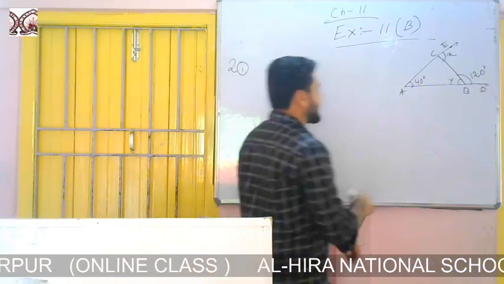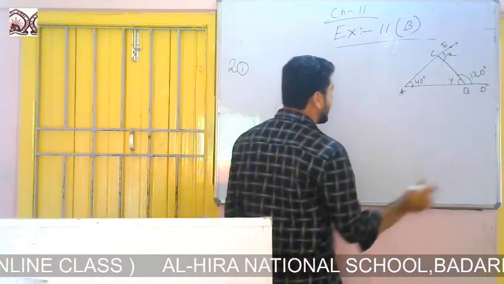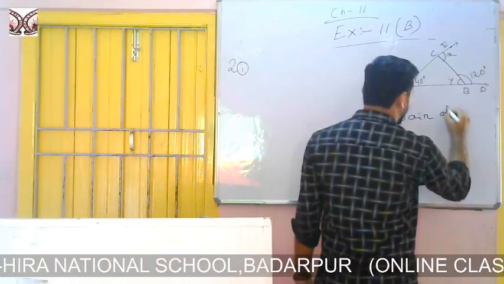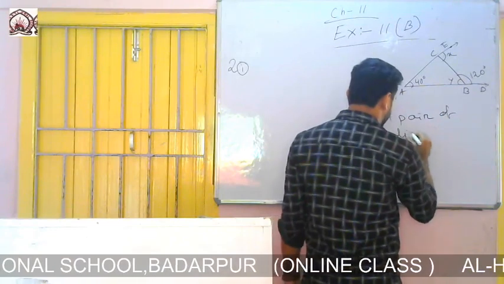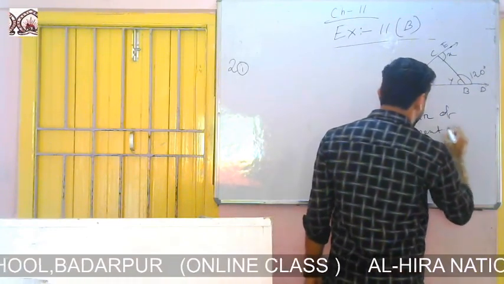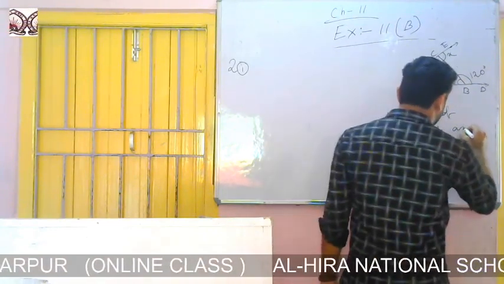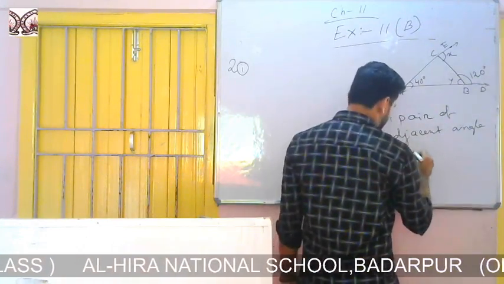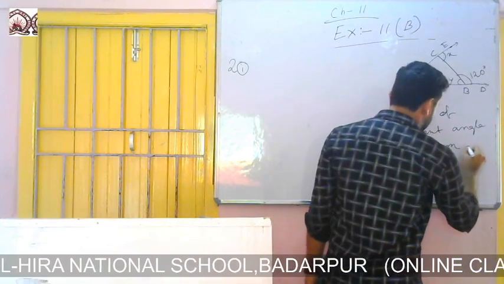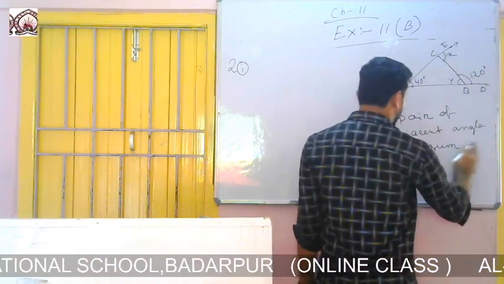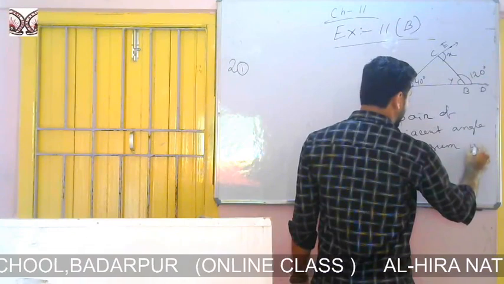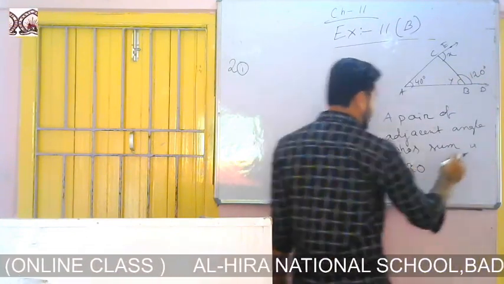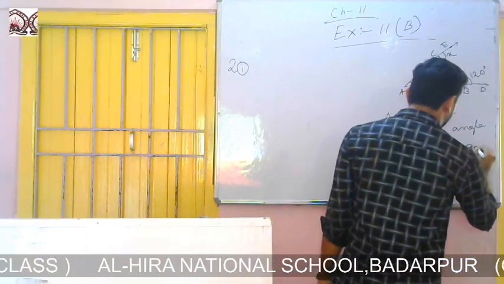Linear pair means a pair of adjacent angles whose sum is 180 degree, okay.